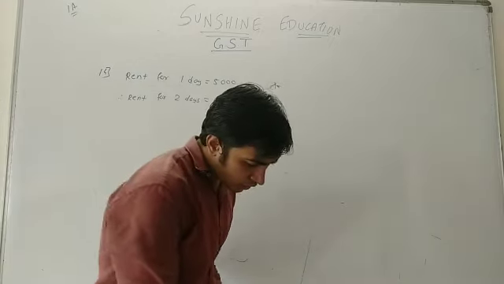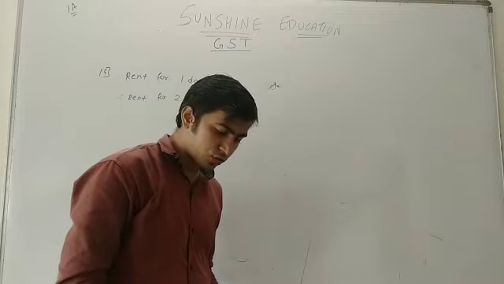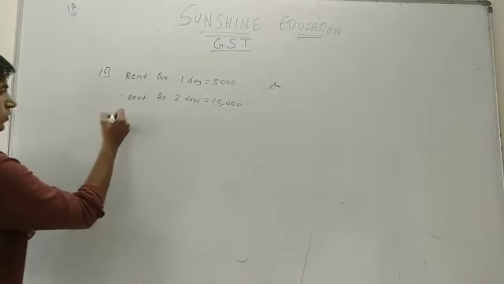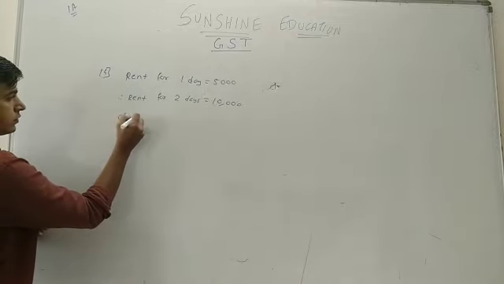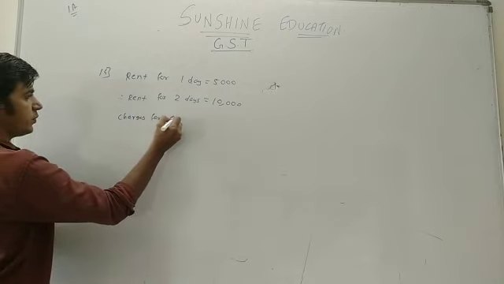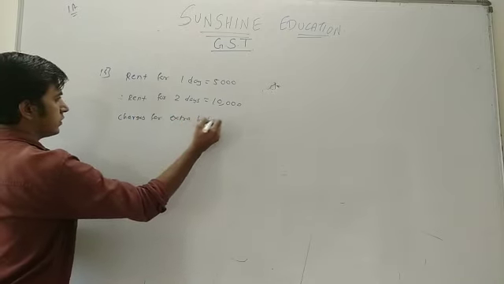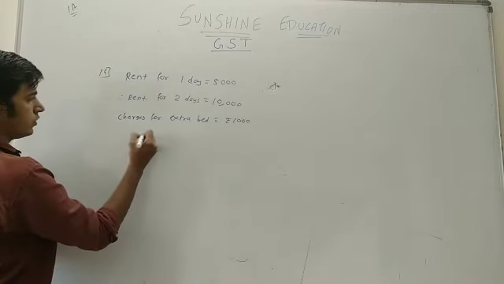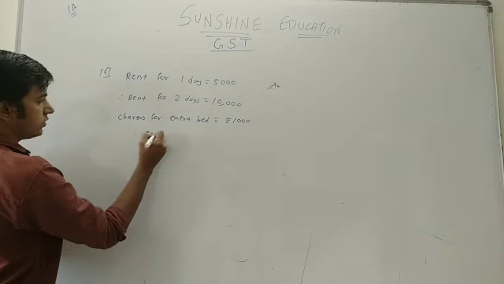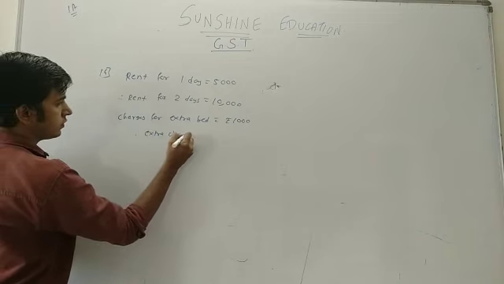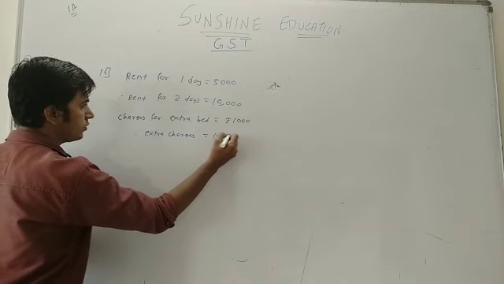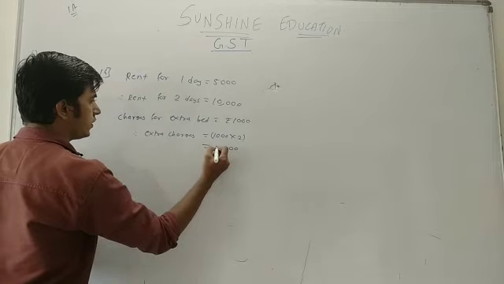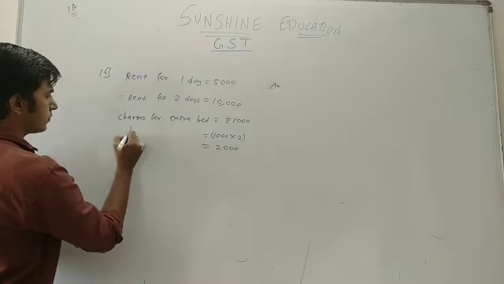Next, what is given? On the same day, his friend John also joined him. Hotel provided an extra bed charging 1,000 per day. So charges for extra bed is rupees 1,000, but it was for 2 days, therefore extra charges will be 1,000 into 2, that is 2,000.